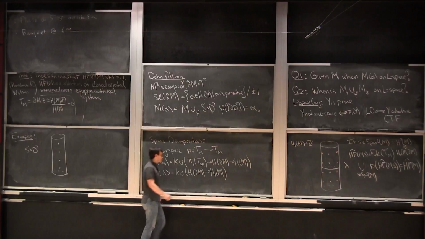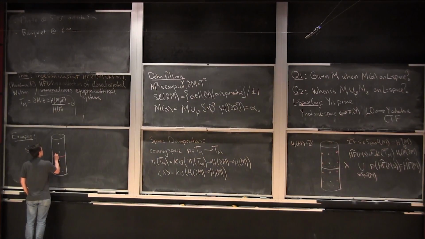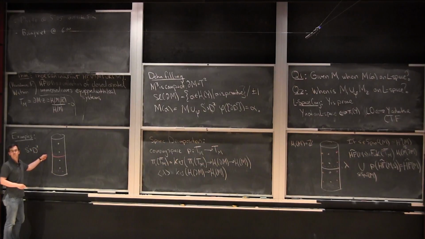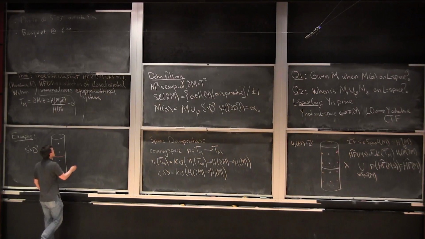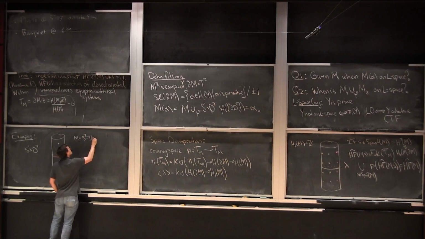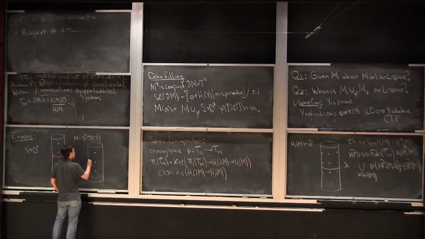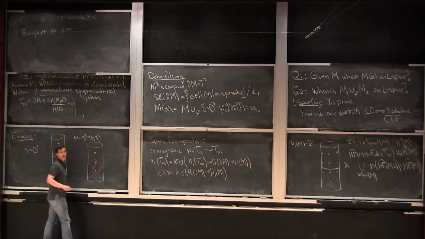And what's HF hat of M? It's just a single circle that goes around like this. How about M is the complement of the trefoil knot? Then this cover, well, it's a little more complicated maybe. It's a curve that looks like this, and then winds around the back of the cylinder.